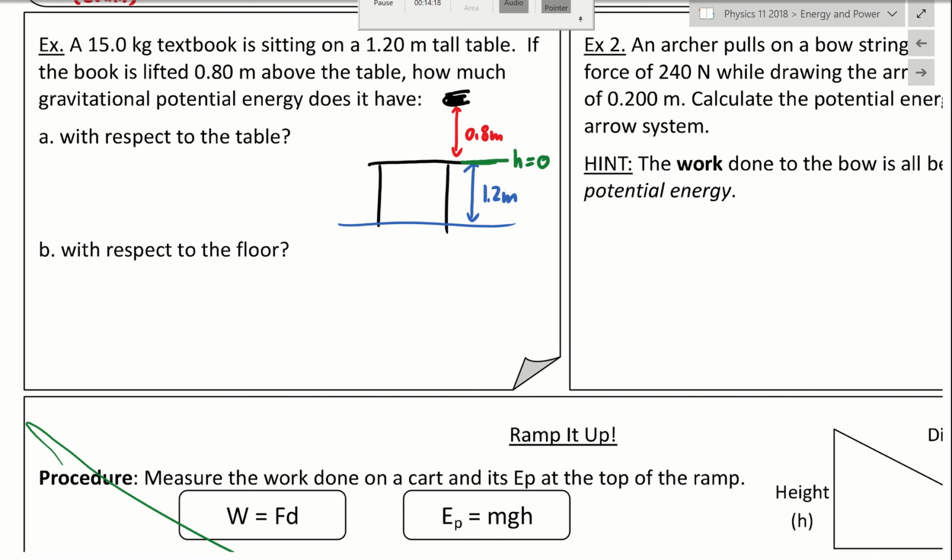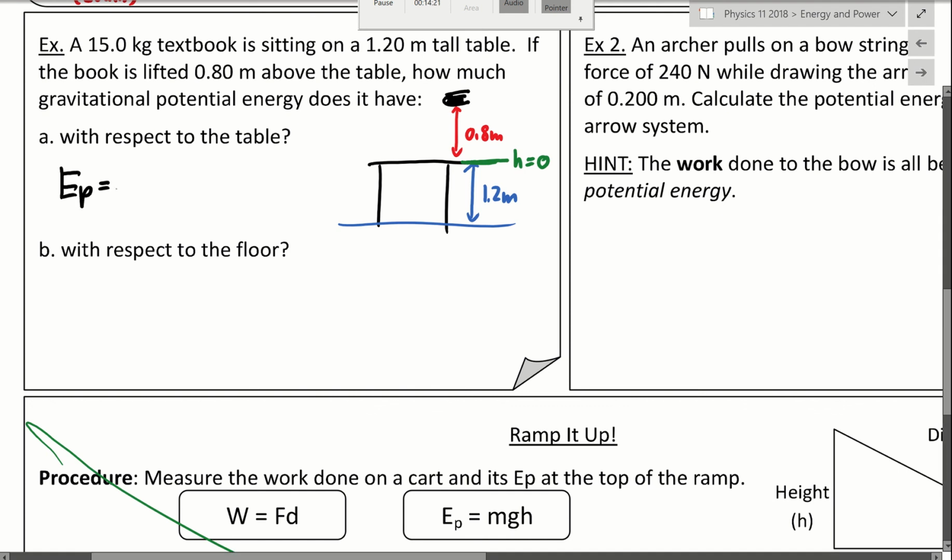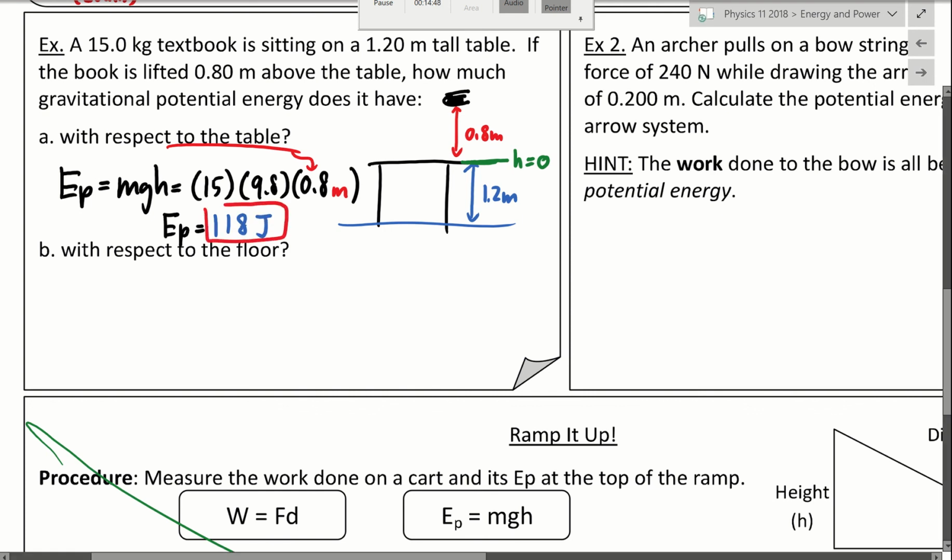Then, in that case, potential energy, which is mgh, is going to be mass of the textbook, 9.8 for gravitational acceleration, 0.8 meter only from the table. And that gives you a potential energy of about 118 joules. Now, this is assuming that height equal to 0 is at the table.